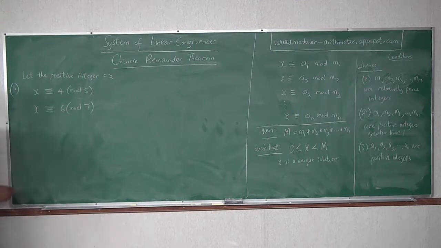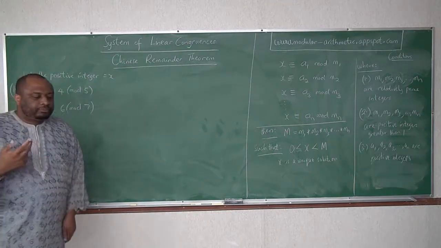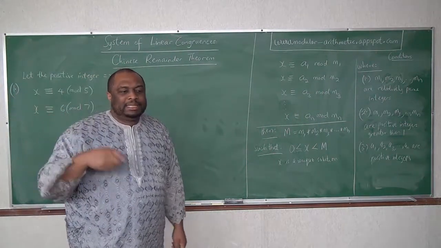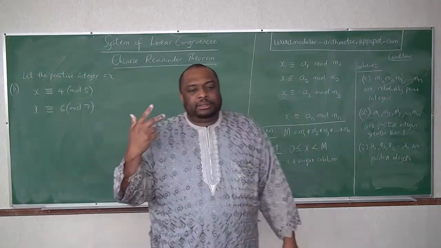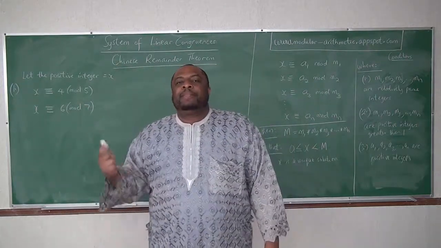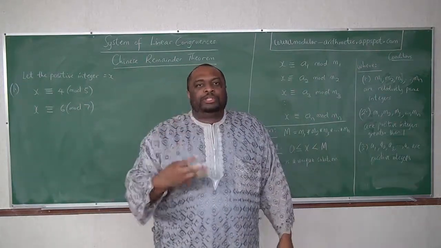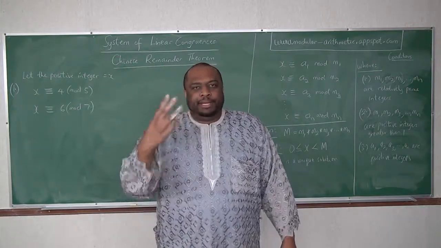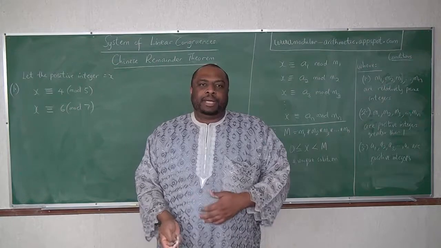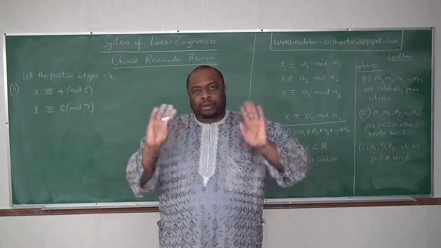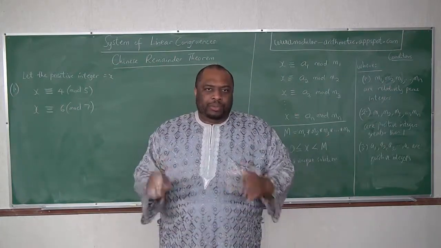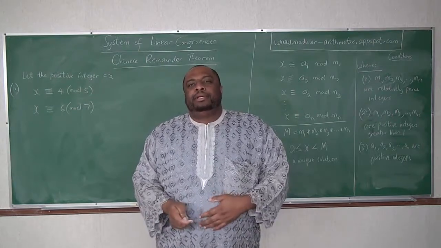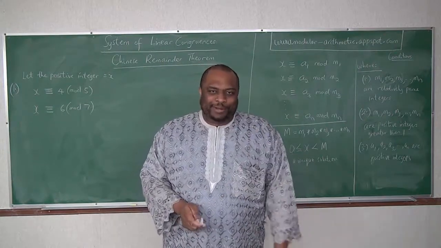Let's do at least 2 examples in this video. We'll do this case of 2 linear congruences, and then we will also do another example of 3 linear congruences. So work with me. We will do it step by step so that you understand it very well.